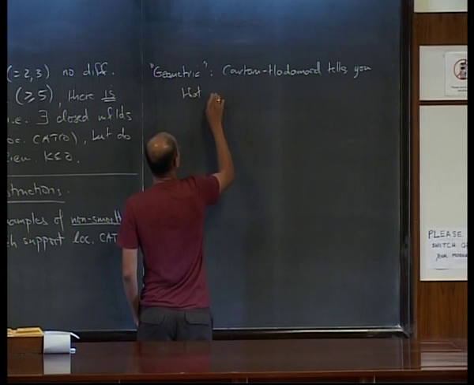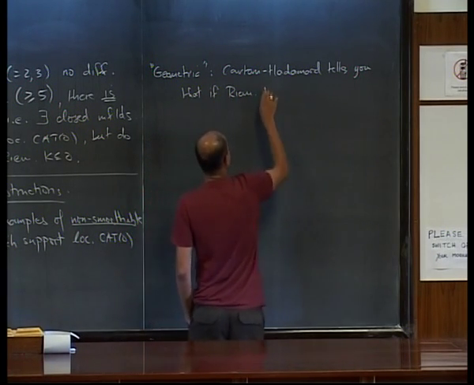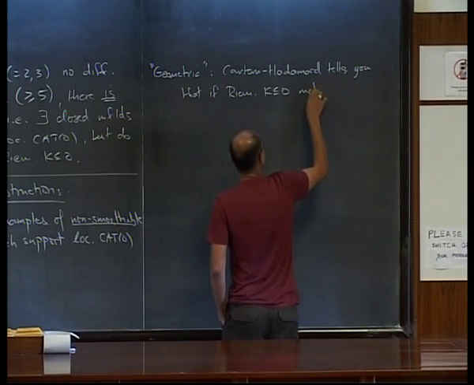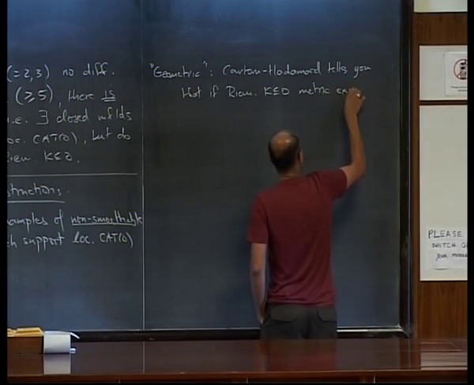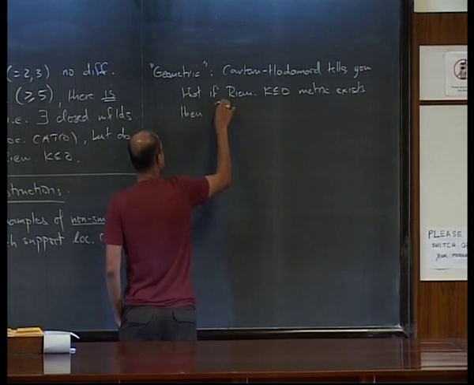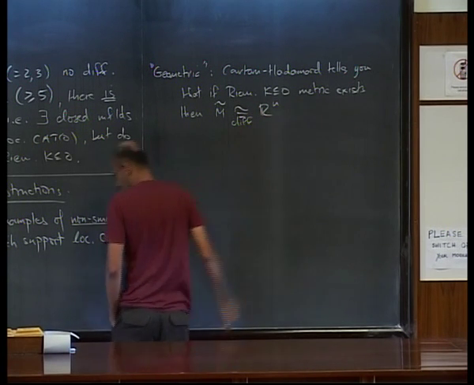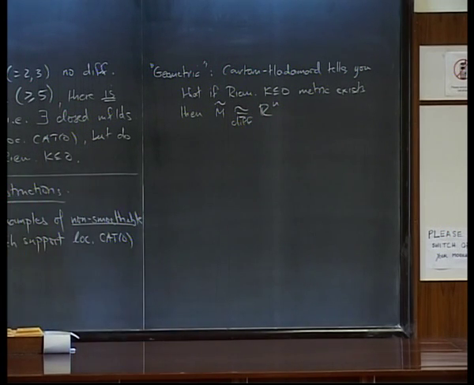That is, if a Riemannian metric exists, then M tilde is diffeomorphic to the appropriate R^n.